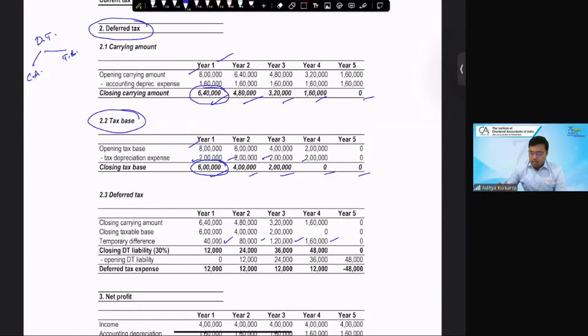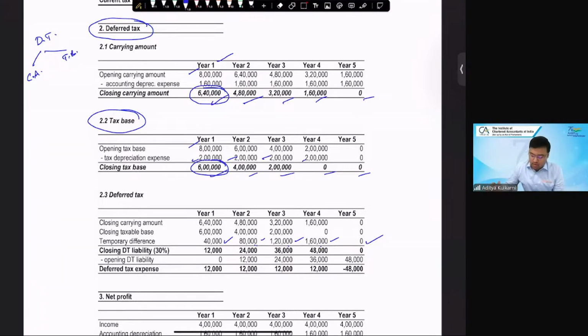This temporary difference is cumulative. It is cumulative because it is a closing balance. So closing balances are cumulative. Previous periods also have an impact on this. So your temporary difference has increased from 40 to 80, 80 to 120, 120 to 1 lakh 60. And in year 5, it becomes 0.